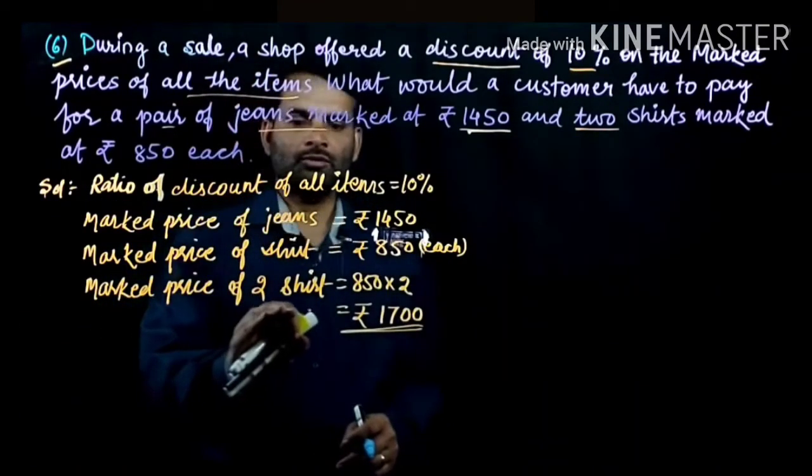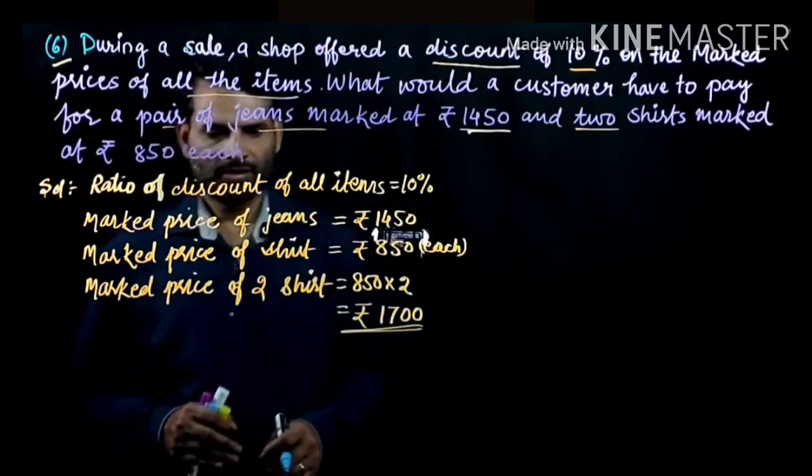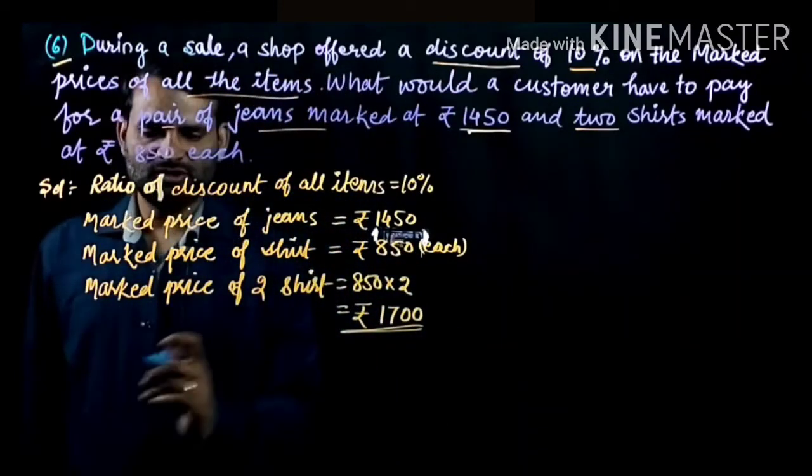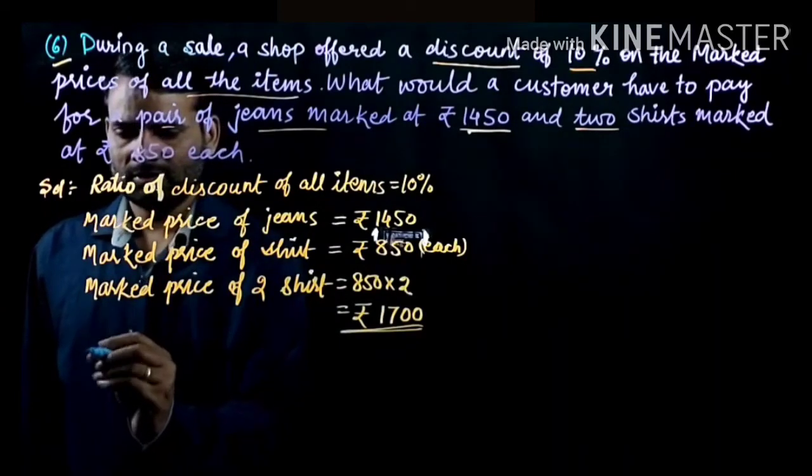The market price of the two shirts is 1700, and then you find a discount of 10% on one pair of jeans.